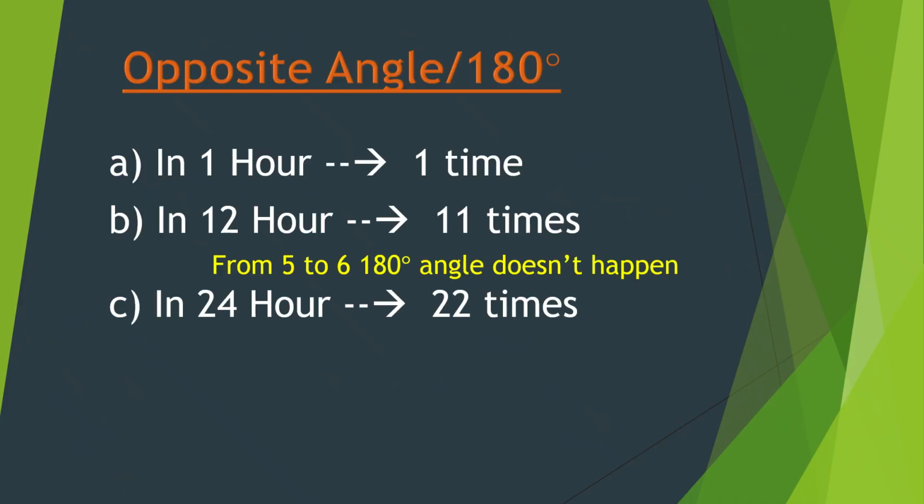Fourth type is opposite angle or 180 degree. So here in 1 hour, 180 degree is formed in a clock 1 time. Then in 12 hour, 11 times it will be formed, and in 24 hour, 22 times it will be formed.